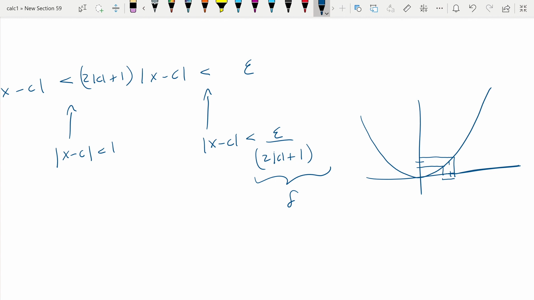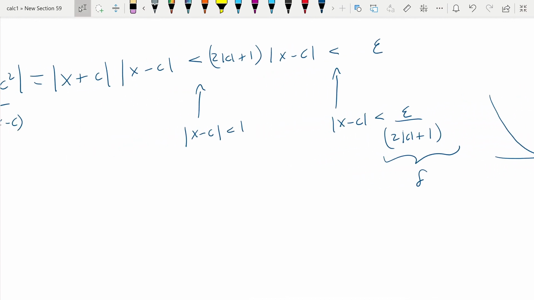While when it's really, really large and it's changing very rapidly, just a tiny change in x produces a really big change in the value of the function. So this interval here is smaller than this one, even though the neighborhoods here are the same.